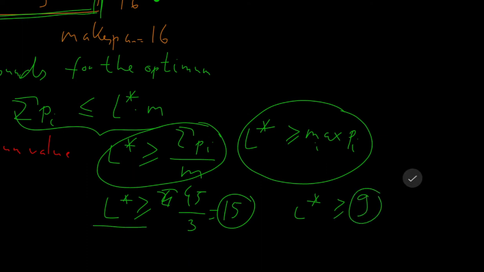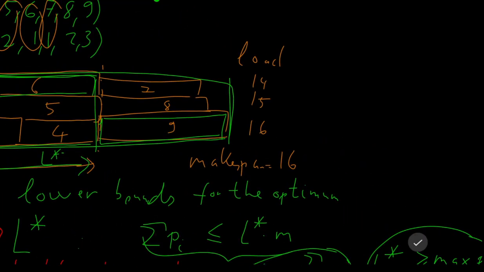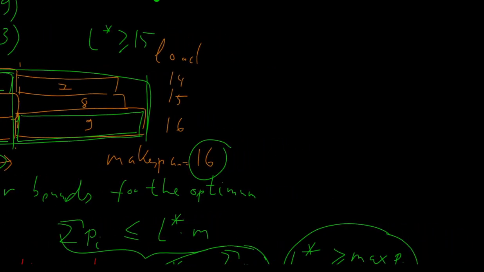If we put these two together, we get that this is the better bound. So for this input, the optimum is at least 15, and we already have a solution of 16. Since we are dealing with integers, it will be either 15 or 16, and we can make it 15, so 15 is also achievable.